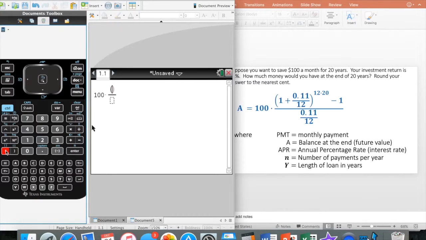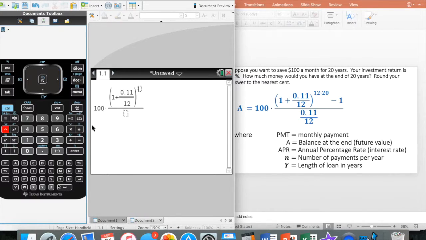Now up top here I have a parenthesis, so I'm going to go 1 plus another fraction, and this one's going to be 0.11 divided by 12. All of this is going to be raised to a power, and for that we use this one that looks like the roof of a house.